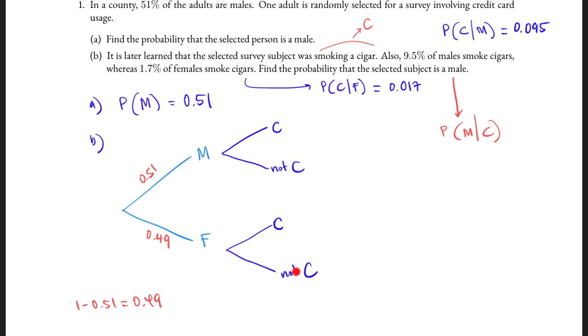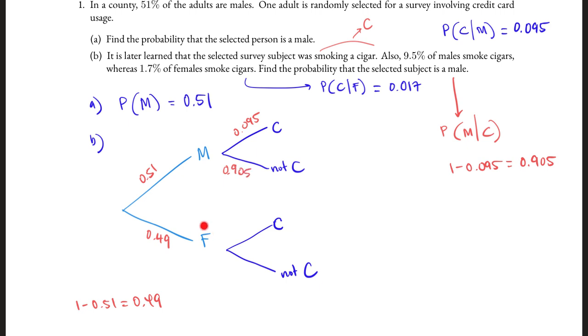For the second stage, we will have the conditional probability. Given that the selected person is a male, the probability that he smokes cigars is 0.095. And therefore, 1 minus 0.095 is 0.905. That is the probability that the selected male does not smoke cigars.